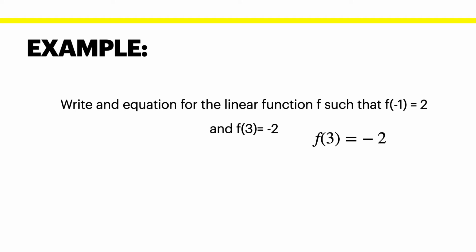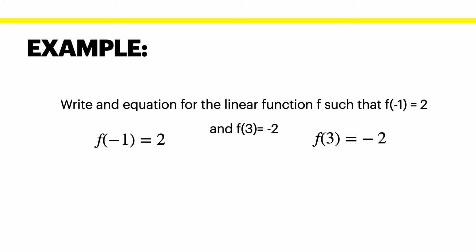Okay, so write an equation for the linear function f such that f of negative 1 is equal to 2 and f of 3 is equal to negative 2. Let's try to find out. The first of the conditions is f of negative 1 is equal to 2. Just by looking at it at first, we might not see that this is actually another way of writing the points for us.